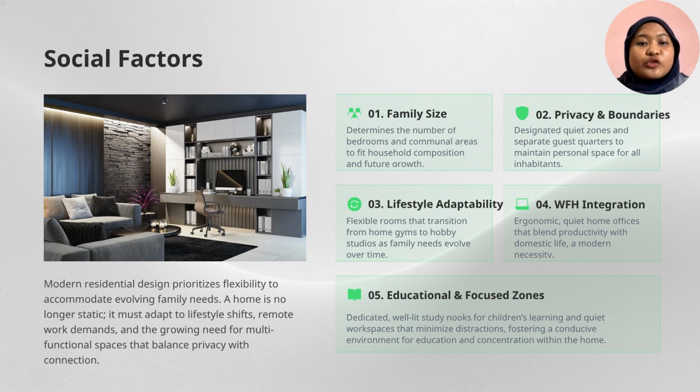Modern homes should provide private spaces where family members can study, work, or rest, while still maintaining comfortable areas for family interactions. Next is lifestyle adaptability. As people's lifestyles change over time, homes should be flexible enough to meet new needs.